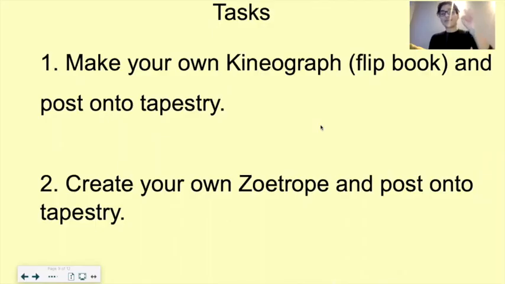So here are your 3 tasks for today's computing lesson. Task number 1 is to make your own kineograph or flipbook and post it onto Tapestry. So if you are not too familiar with what a flipbook is, it's when you draw pictures in a book and then when you flip through it, it's telling you a story or it's showing you something.